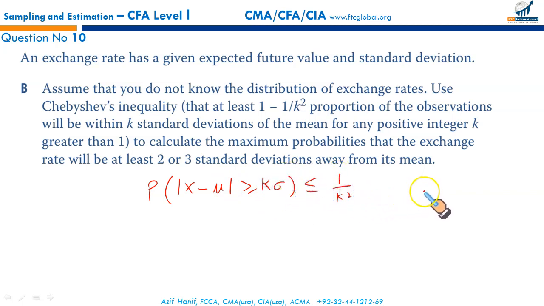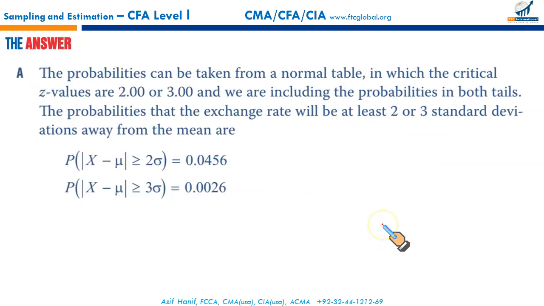So let's apply k first as 2, and then k as 3. If you replace k with 2, what you get is 1 upon 4, that is 0.25. And if you replace it with 3, 1 upon 9, that will give you 0.111. Now just compare these probabilities with the previous numbers.